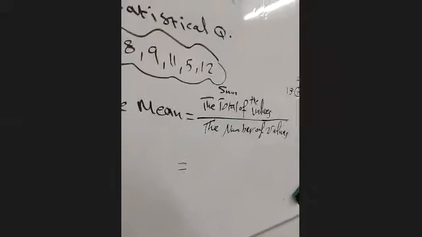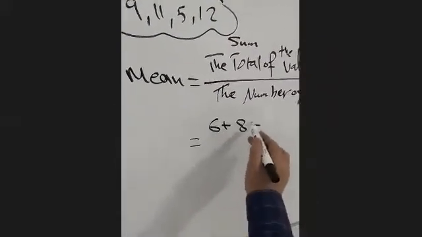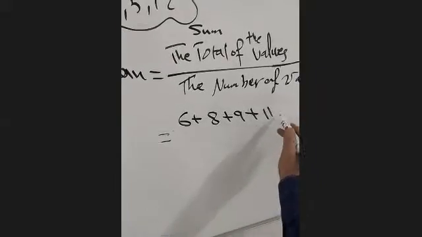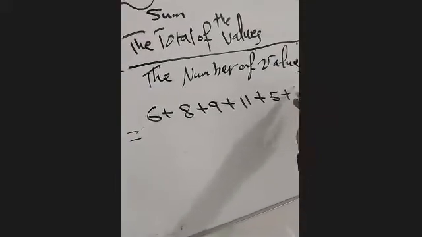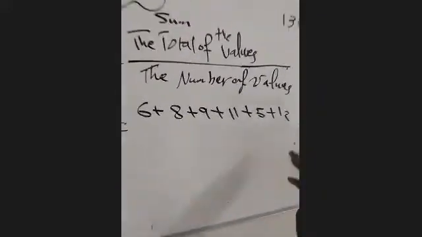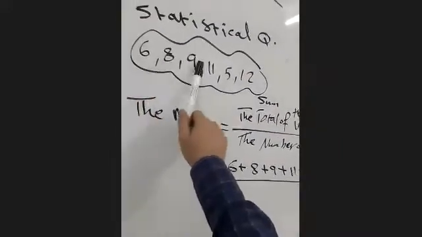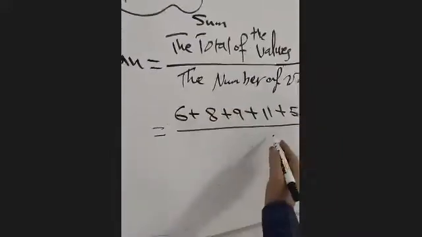Add 6 plus 8 plus 9 plus 11 plus 5 plus 12, over how many values we have here. We count 1, 2, 3, 4, 5, 6, over 6.